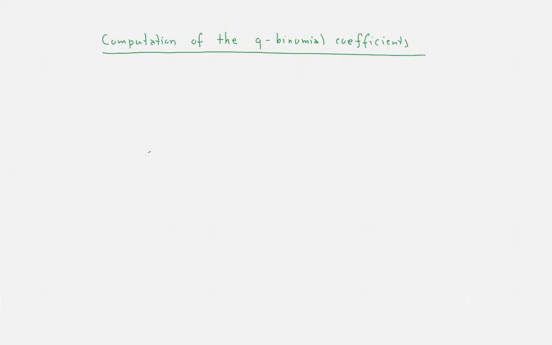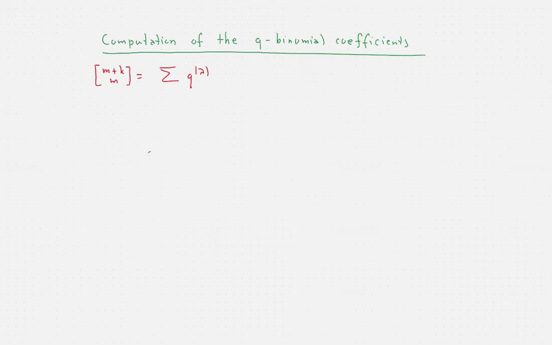Okay, so in this video, we would like to compute the Q-binomial coefficients. So let's recall the definition that we have. So we said that M plus K choose M is the Q polynomial that corresponds to all partitions containing the M by K grid.